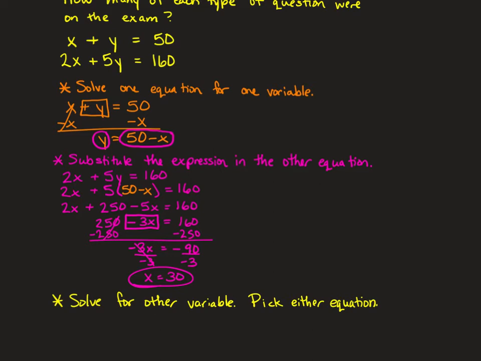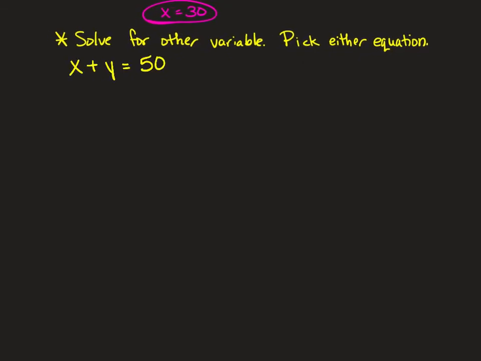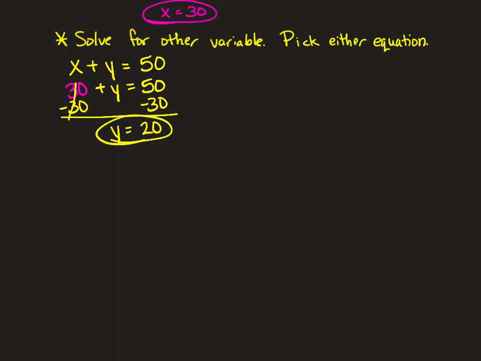So that's what I'm going to use. So X plus Y equal 50. So I'm just going to substitute my value of X, which is 30, and solve for Y. So I'm going to have to subtract 30 from both sides, and we get that Y is 20. So we now have that X is 30, Y is 20, and I could write my answer that way usually.